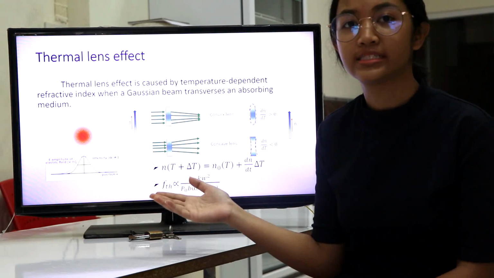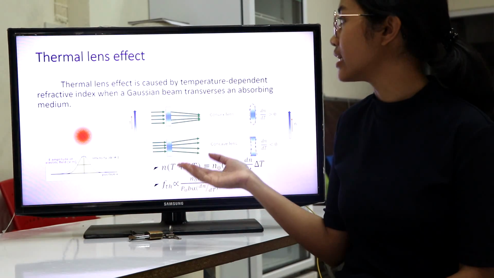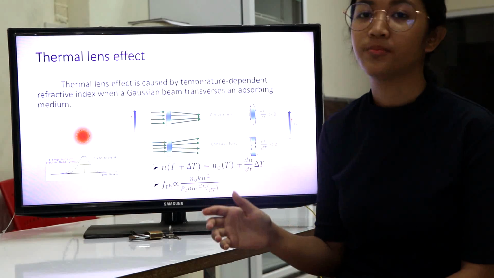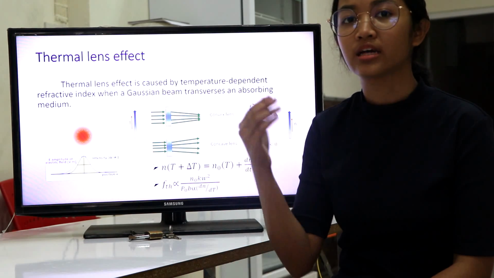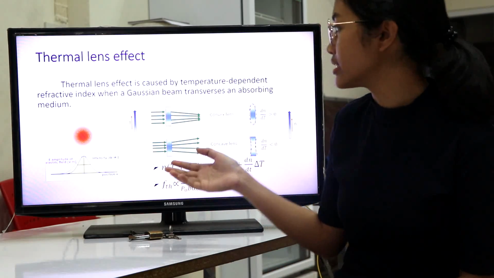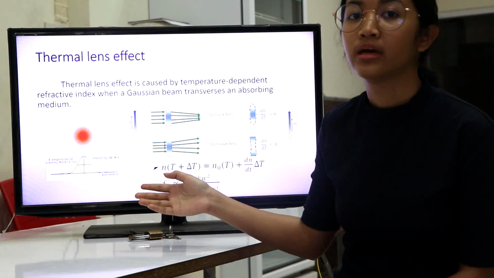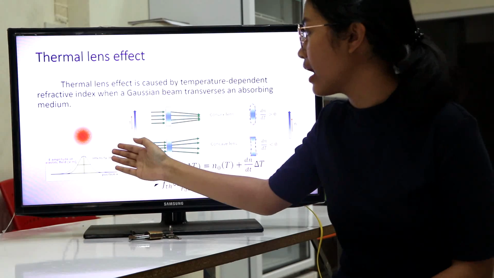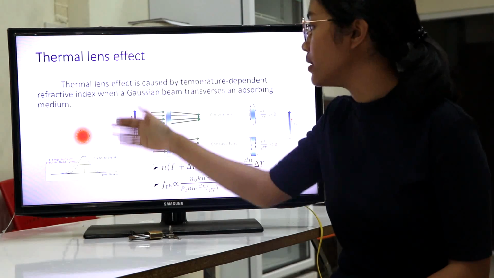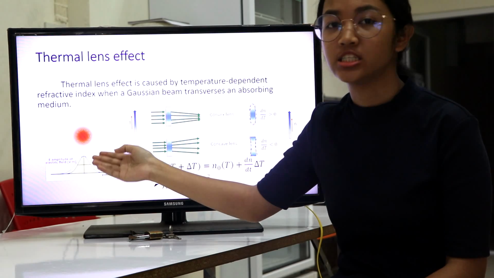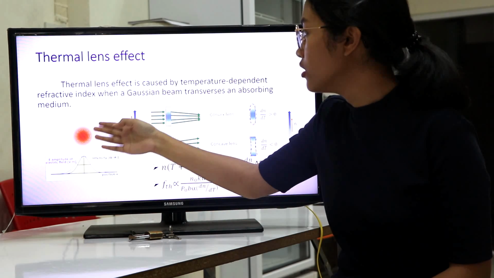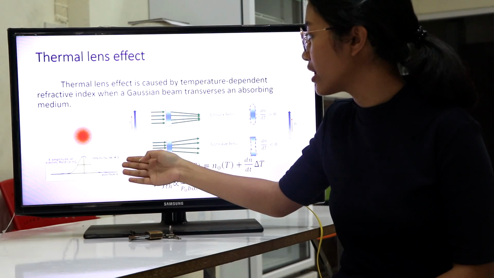So what is the thermal lens effect? The thermal lens effect is a lensing effect caused by temperature-dependent refractive index when a Gaussian beam converges in an absorbing medium. And we know that a Gaussian beam is a beam that has the peak intensity, or the highest intensity, at the center and continuously lower intensity outward.